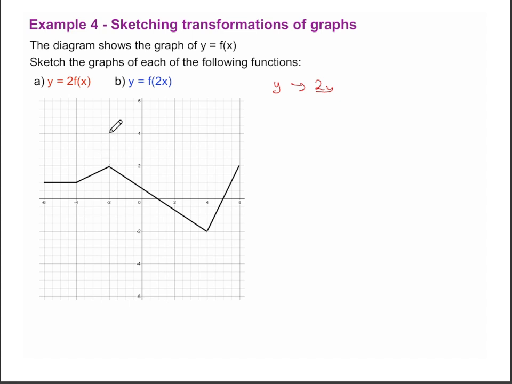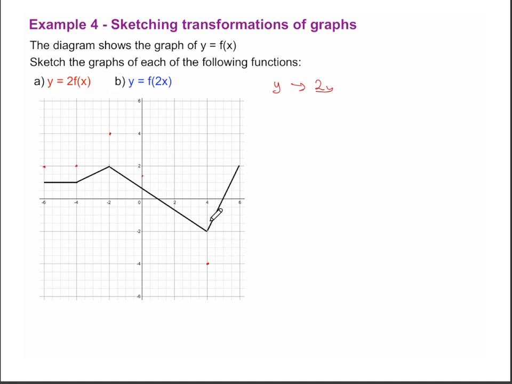So y was 2 becomes 4. Y was 1 becomes 2. Y was 1 becomes 2. Here, y was like 1.5 boxes ish. It becomes about 3 boxes somewhere here. And then right here, negative 2 goes down to negative 4.